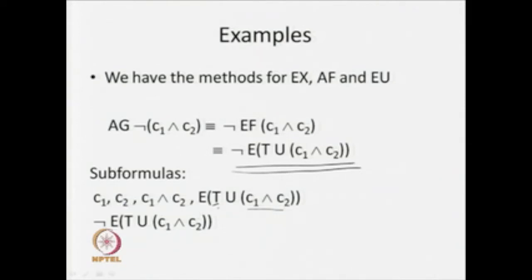Since that is a CTL formula, the negation of this formula is also a CTL formula. To check this formula, we have to look at its subformulas. Once we have the labeling of these subformulas, only then can we talk about the given formula. So, we will look for the atomic ones C1 and C2, then C1 and C2, then E true until (C1 and C2).